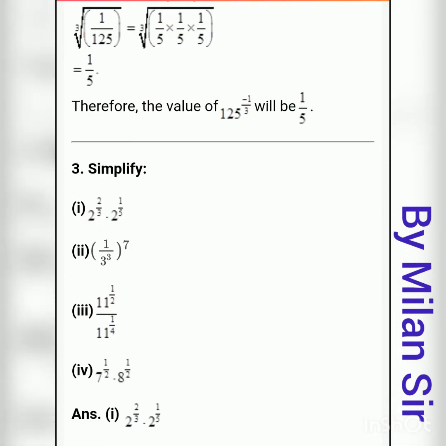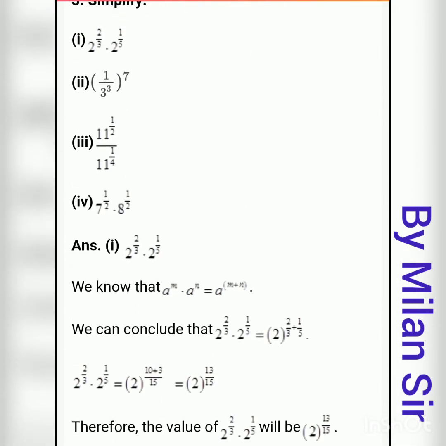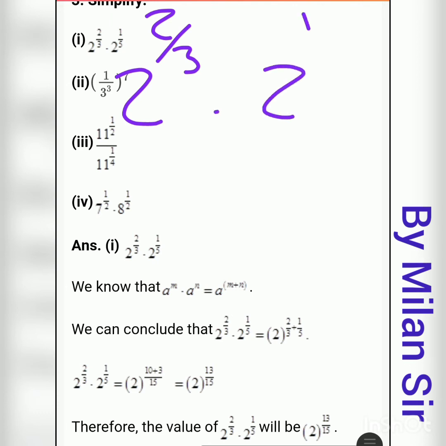The next question number 3. Here we have 2 raised to 2 by 3 into 2 raised to 1 by 5. Here in between, the multiplication process is there, and our base is the same.